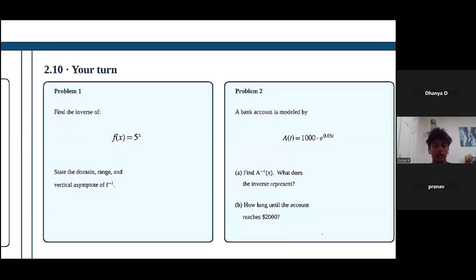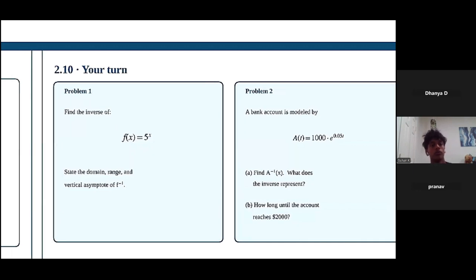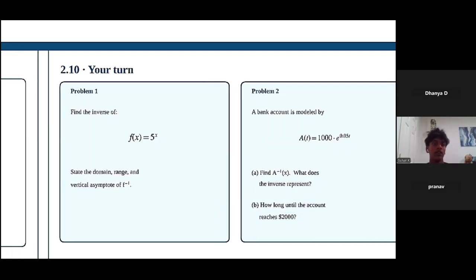All right, I'm going to solve these questions in 3, 2, 1. Find the inverse of f of x equals 5 to the x. First, we swap the x and y: 5 to the y equals x. Now to put this in a logarithm, log base 5 of x equals y.